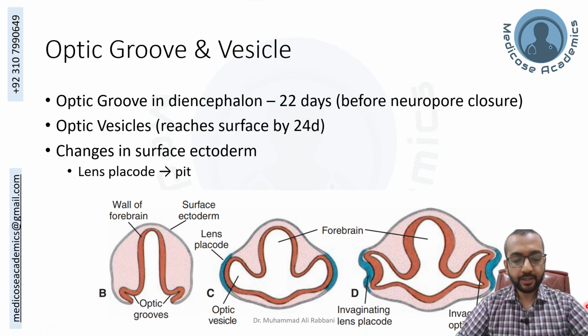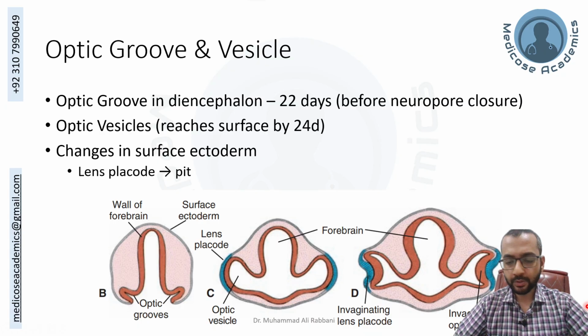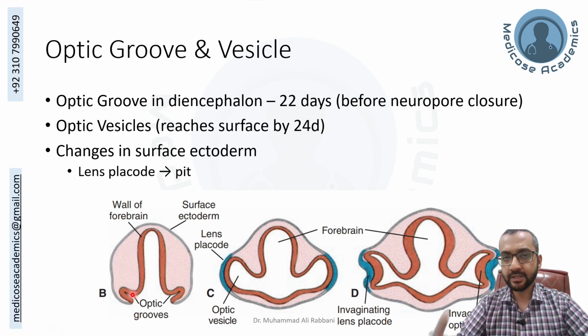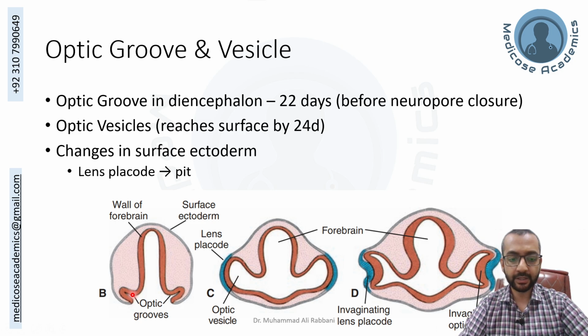The story of the eye begins at day 22, at the end of the 3rd week and the beginning of the 4th week, where the diencephalon part of the forebrain is. Here there is an outpouching of the neural tube, and this outpouching is called the optic groove. As this groove grows, it becomes bubble-like, vesicle-like.